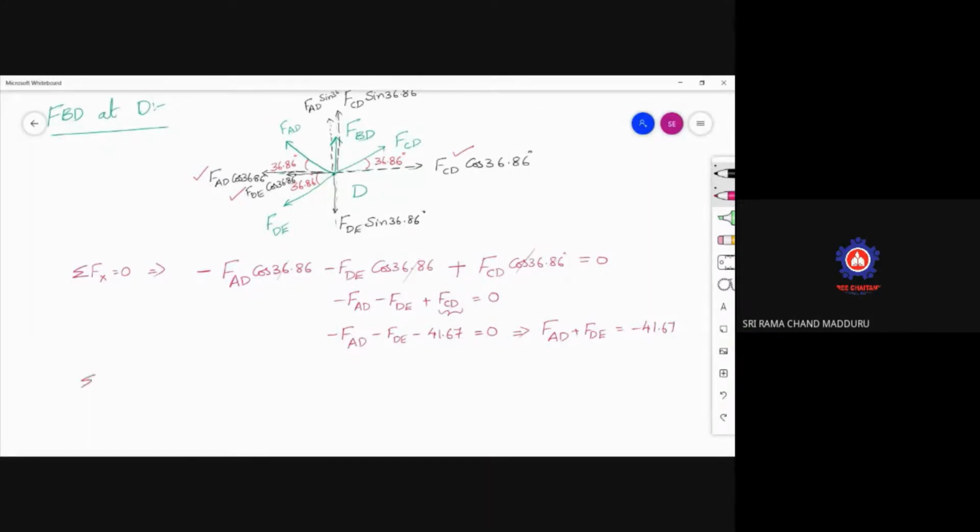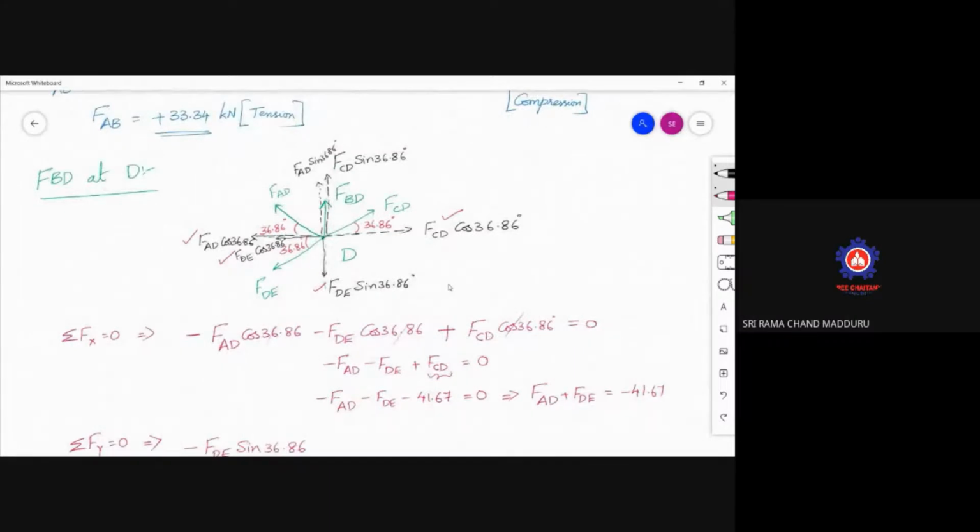Whereas coming to sigma Fy is equal to 0, summation of the forces along y-axis. What are the forces that are available along y-axis? Minus FDE sine 36.86 is negative as it is coming in the downward direction.